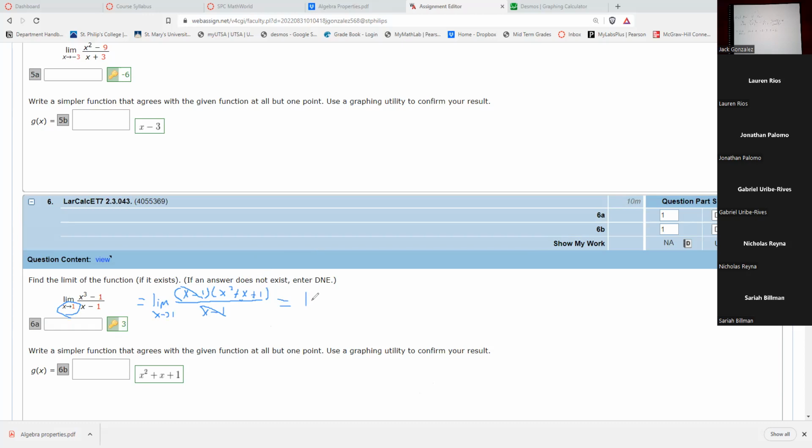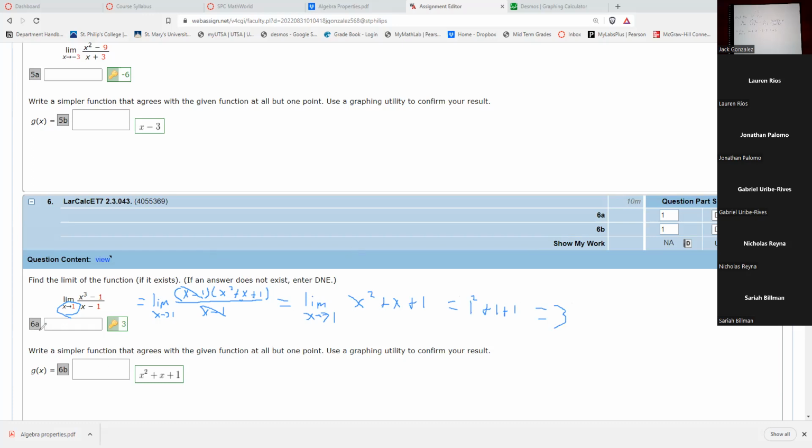So the limit as x goes to 1 of x squared plus x plus 1 is going to equal 1 plus 1 plus 1, right? Anyway, you see the idea here, right?